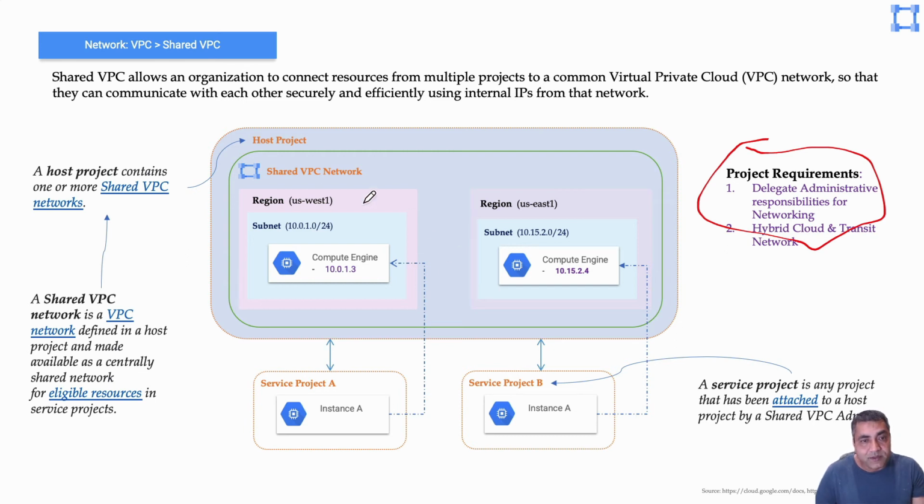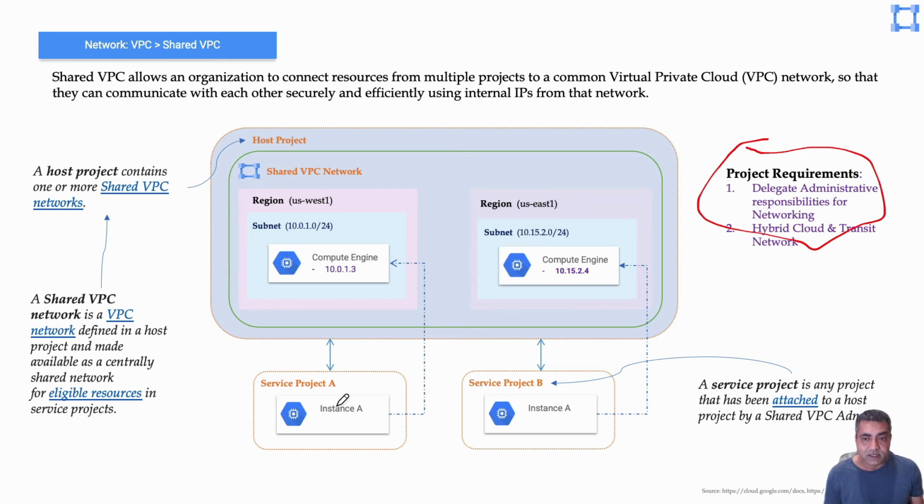The shared VPC admins can delegate the networking and routing, access control, and all kinds of requirements to a network admin or a security admin. The service project admins don't have to worry about it.